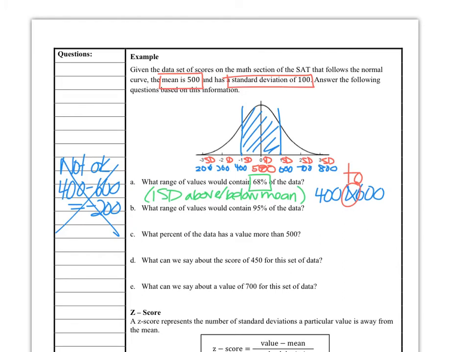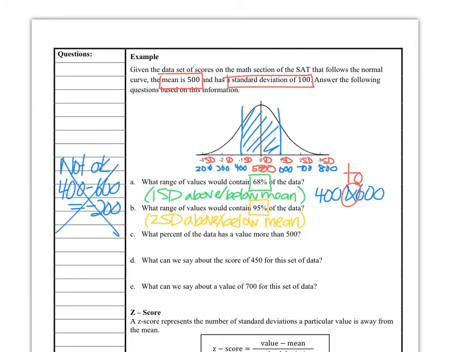Okay? So then I've got what range of values would contain 95% of the data? Well, recall that 95% of the data is within 2 standard deviations above and below the mean. This stuff in parentheses is just for us to help ourselves recall how many standard deviations 95% of the data is within.